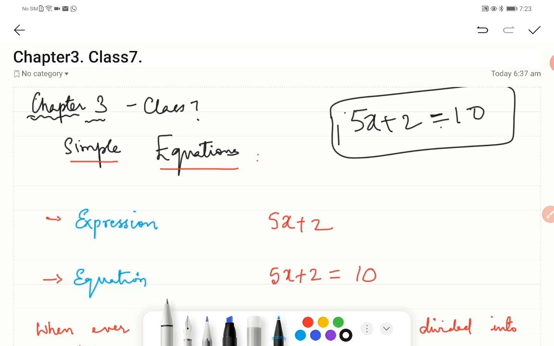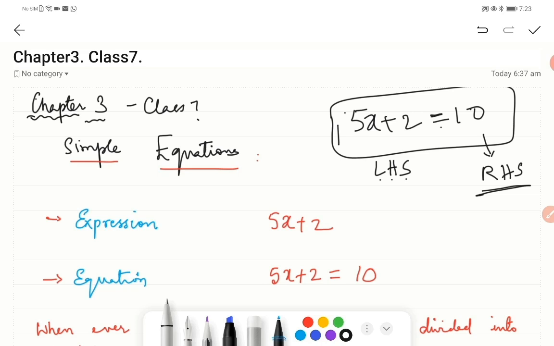On the left side of the equal to it is the LH side, that is left hand side, and this part you're calling as RHS side, that is right hand side. Okay, you have already learned simple equations in your class 6, isn't it? So in this we are going to solve some further types of equations.